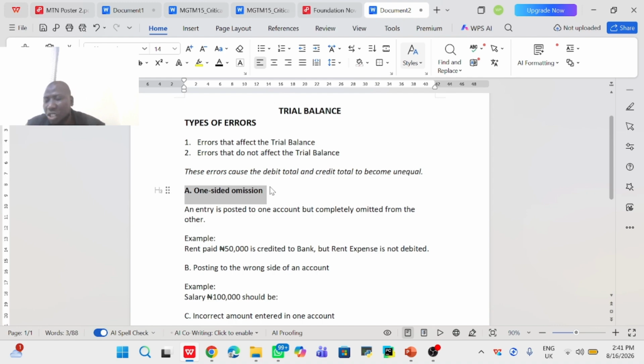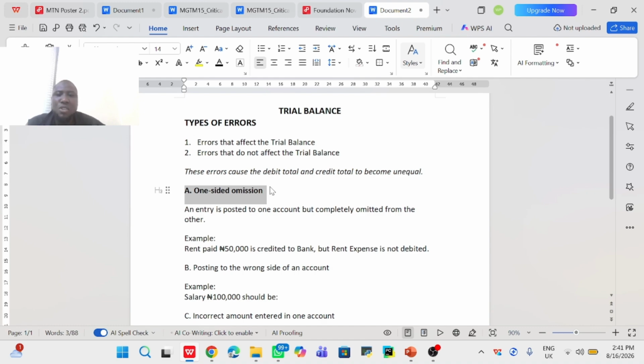You debit your purchase account with 50,000 naira, and you forget to credit your cash. That is an error. In that situation, your trial balance will not be balanced. It will be short of 50,000 naira, because you debited the 50,000 naira as your purchase and forgot to credit your cash. That is one of the errors that affect the trial balance.